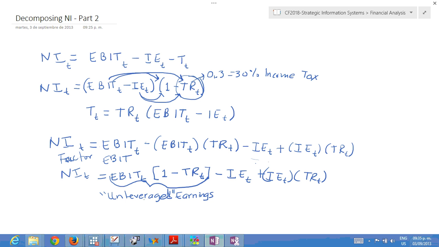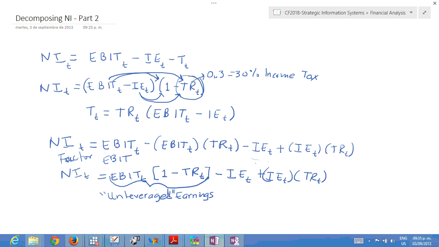Unleveraged means that you are not considering interest expenses. Here it is before interest expenses and before taxes, and obviously you multiply by 1 minus the tax rate. This is the unleveraged earnings, the earnings the company made no matter how the company was financed, whether it was financed with debt, or totally with shareholder equity or accumulated retained earnings from previous periods. This is a very interesting thing.